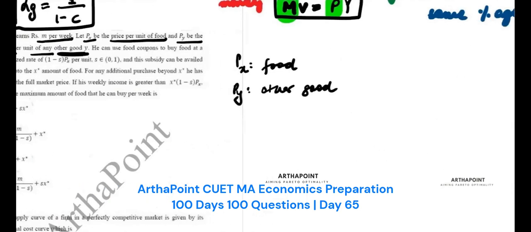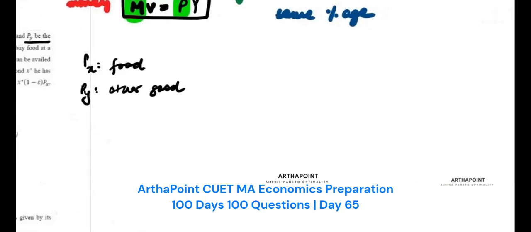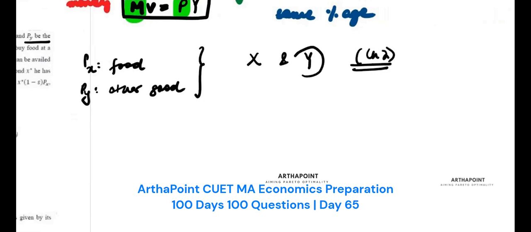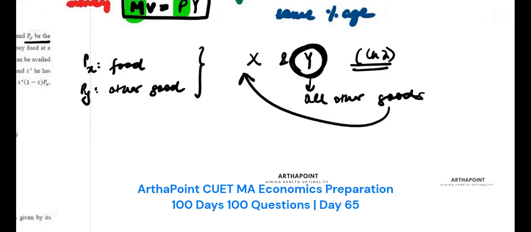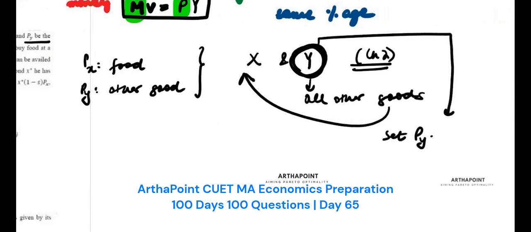Let's spend a moment here. Usually, when we have two commodities X and Y, this is from chapter 2, a chapter 2 variant. And the second commodity is all other goods other than good X. Then a lot of times, what we do is we set the price of this commodity as 1, and this is known as numeraire price.